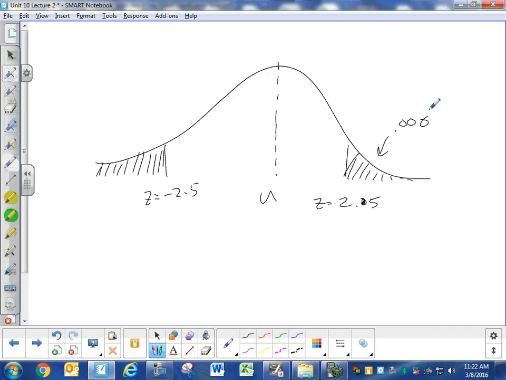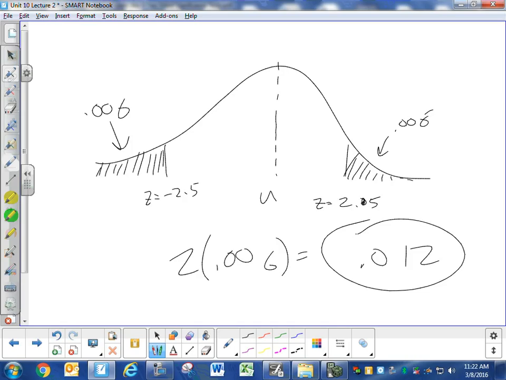If this is 0.006, what is this area down here, less than -2.5? It's also 0.006. So together, we just have to double 0.006, and I get what is considered my two-sided p-value.